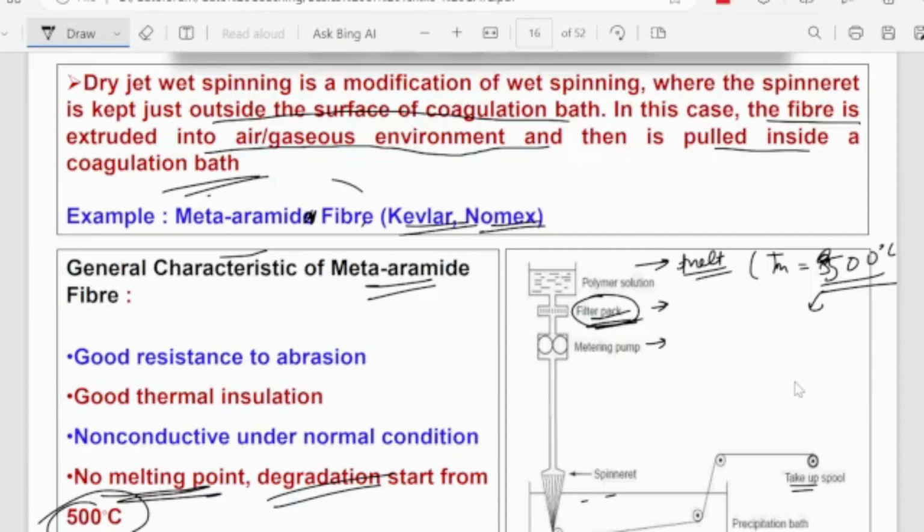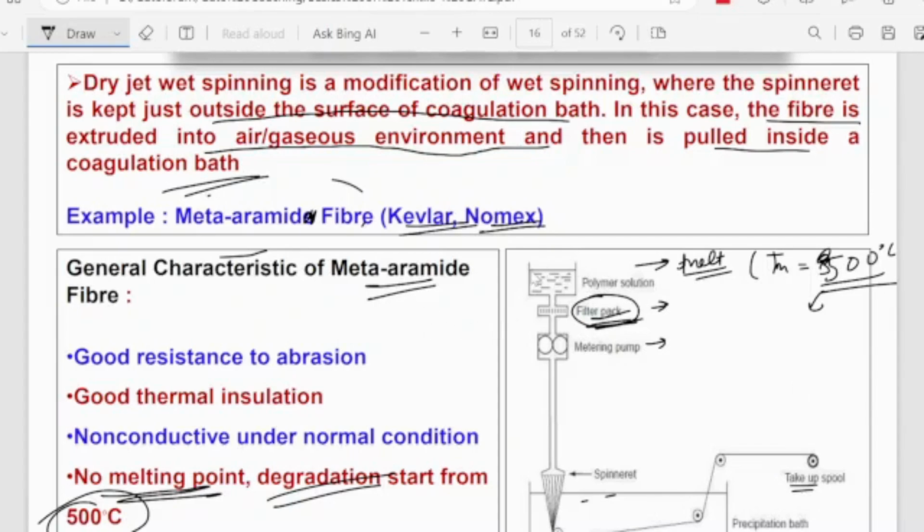There are some advanced fibers. If I talk about high performance fibers such as Kevlar and Nomex, these are manufactured by the dry jet wet spinning process. This is similar to the wet spinning process, but in this the spinneret is kept outside the coagulation bath.